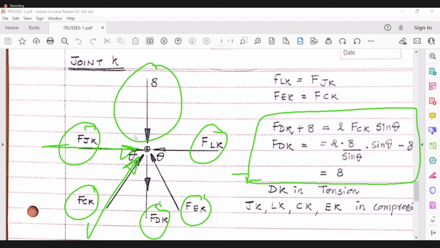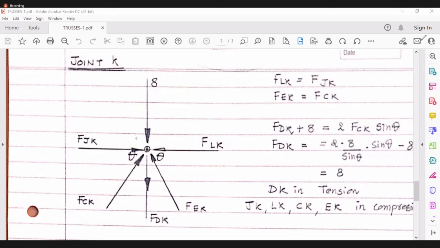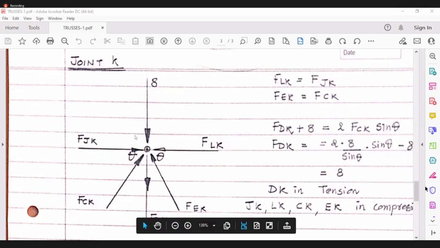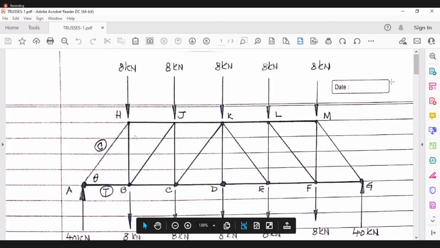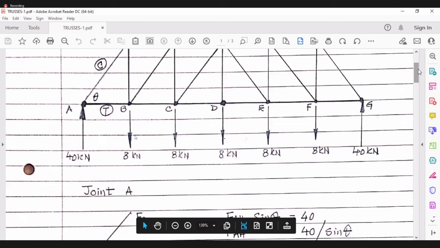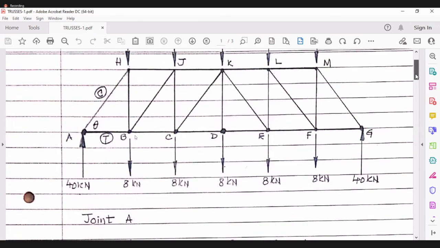There is one very interesting way of finding DK. DK also we know already. No need to come to the joint K. Why? Let me tell you something. Let us go back to the original figure. If you consider a joint at D, observe it.